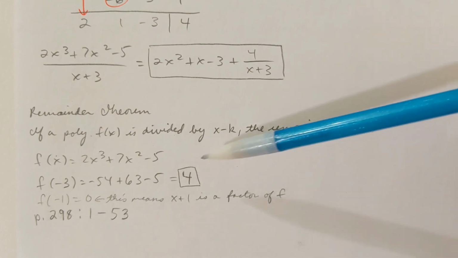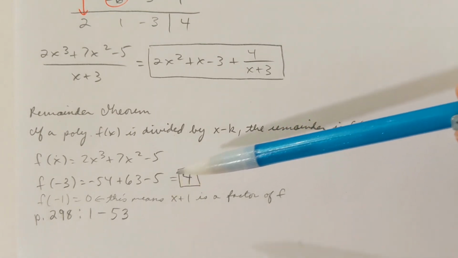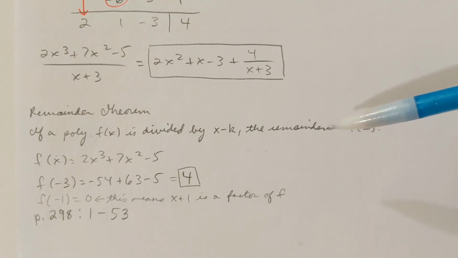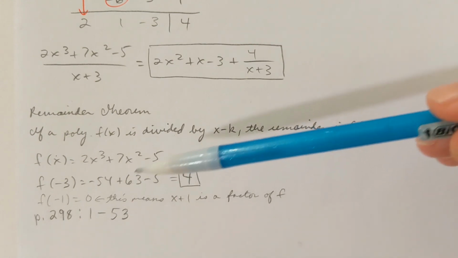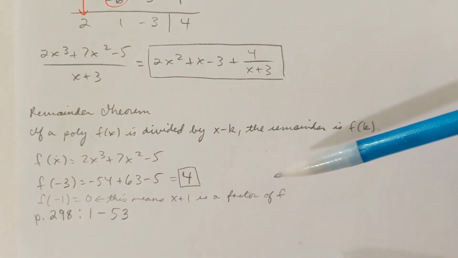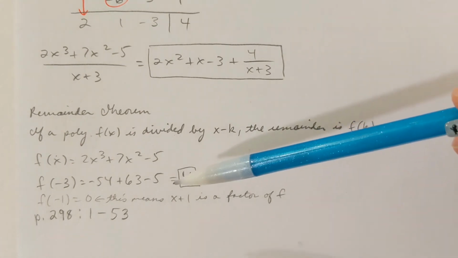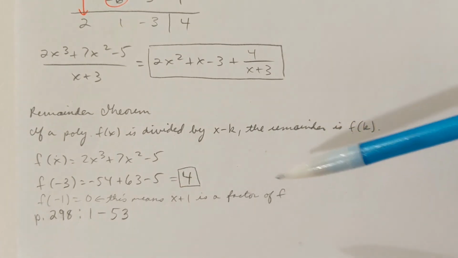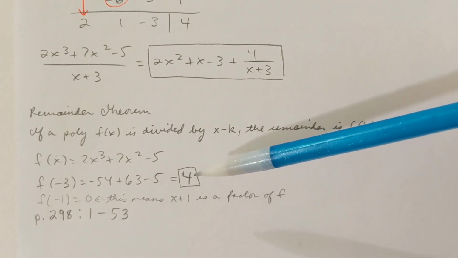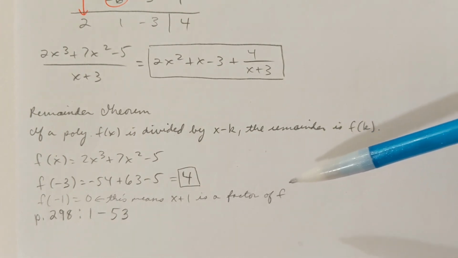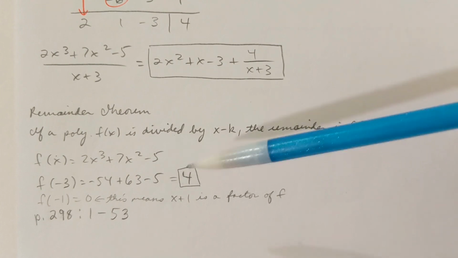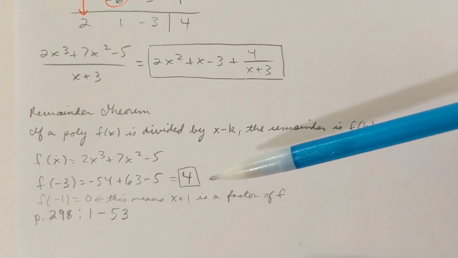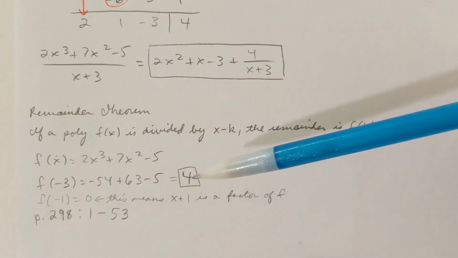So whenever you get 0 as the remainder, the input number is a factor of f. So this means that x plus 1 is a factor of f. This right here, because I did not get 0, means that x plus 3 is not a factor of f. So that's kind of a preview to the remainder theorem. We'll be talking about that quite a bit in the next two sections, actually.